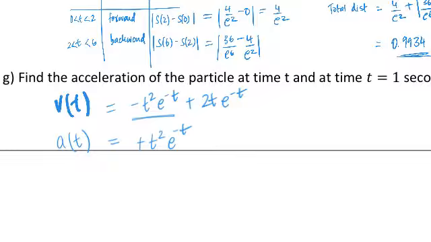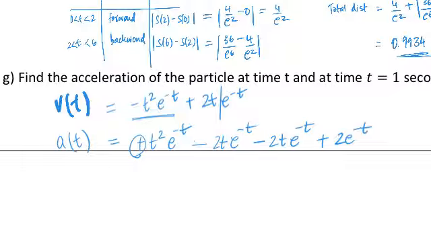So I can make this positive out front, right? Plus the second times the derivative of negative t squared, which is negative 2t. So then this positive becomes a negative here. Okay, and then over here, 2t e to the negative t, so negative 2t e to the negative t plus 2 e to the negative t, okay?